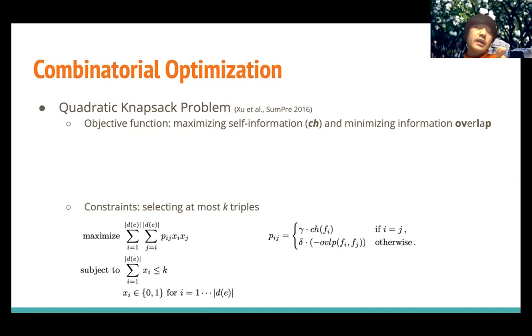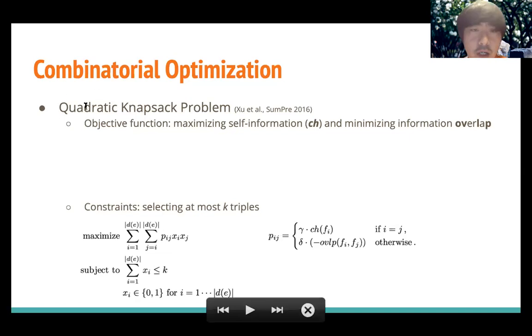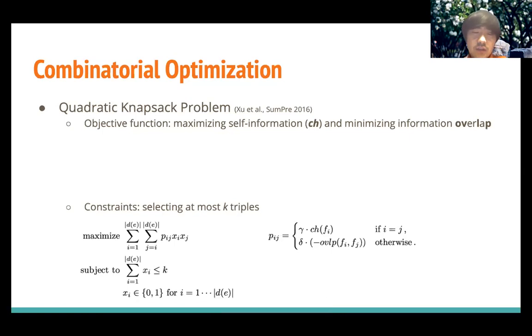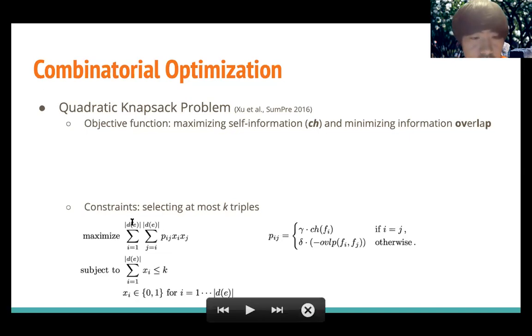But on the other hand, different items may have different values. So your objective function is to maximize the total value of the selected items. That's knapsack. So what is quadratic knapsack? Quadratic knapsack is a special kind of knapsack where not only does each item have a value, but also every pair of items has an additional bonus. So let's look at the objective function here.